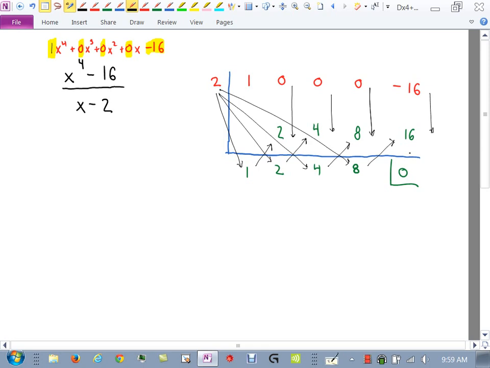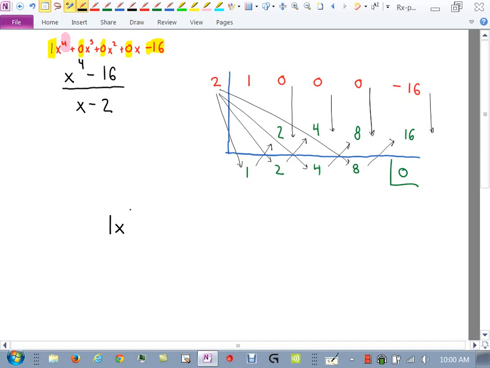Anybody need help with that? What is the power going to start with here? X cubed, right? Because the initial problem up here was x to the fourth. So this is going to start with x cubed. Now I have a 1 in front of that, so I could put 1x cubed.